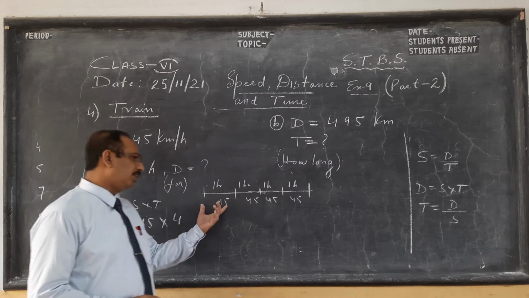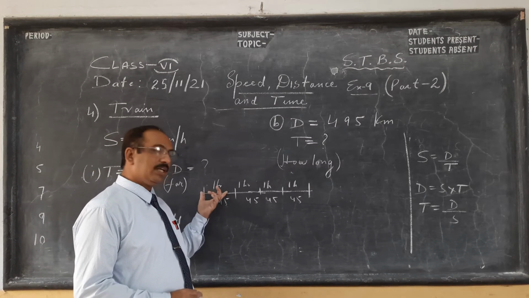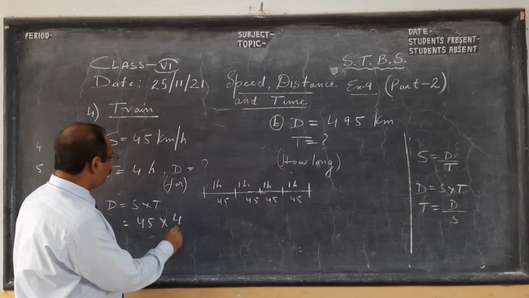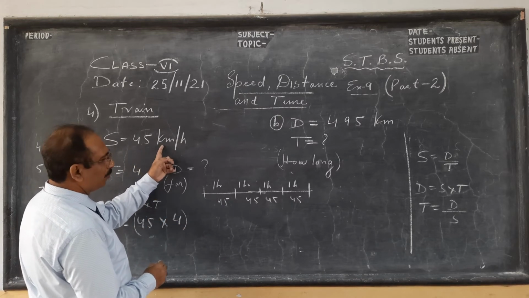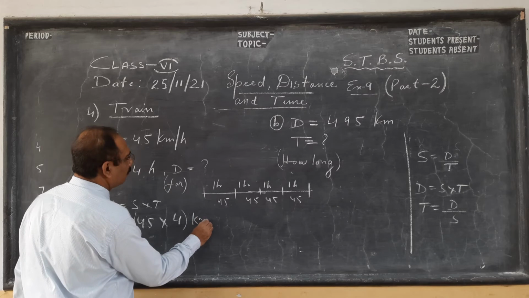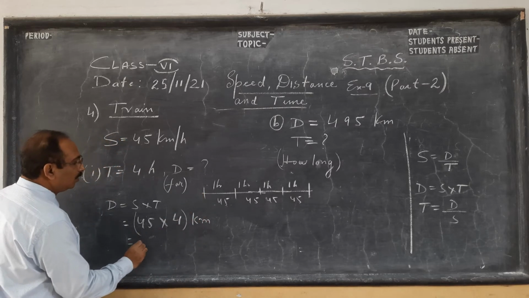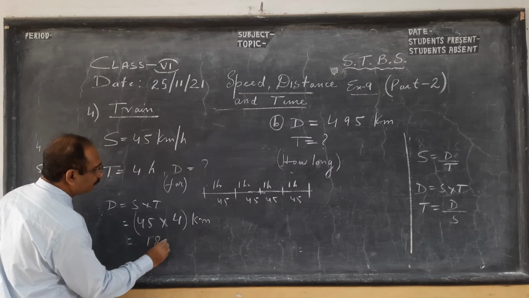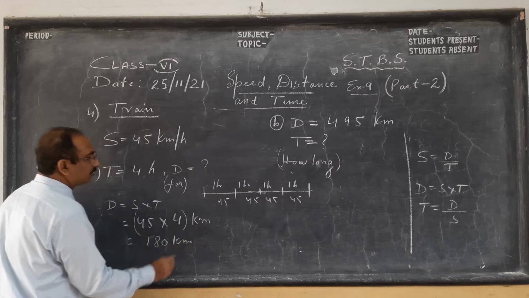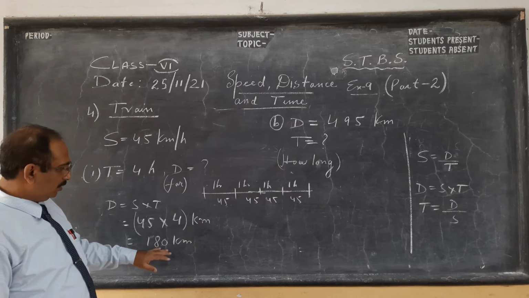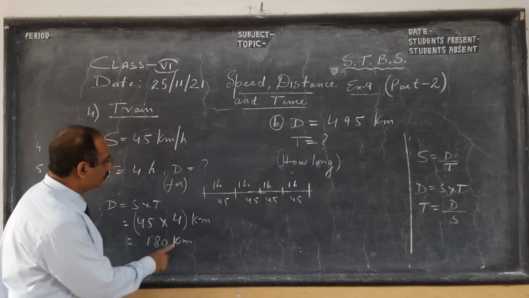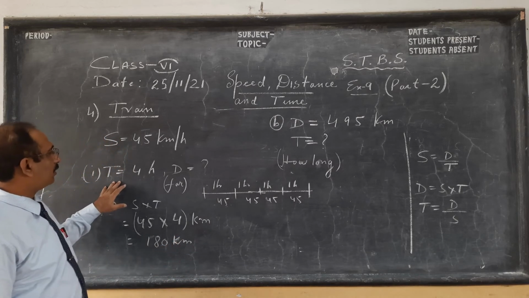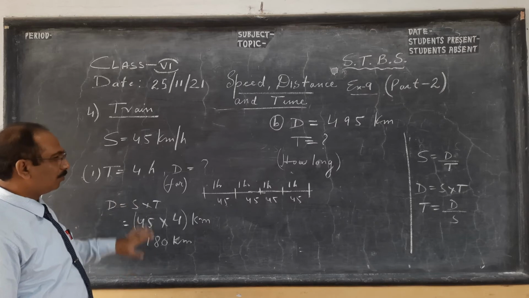With the speed of 45 kilometers, in 1 hour it goes. So for 4 hours, we multiply. And units, I told you, children, this is in hours, this is in kilometers per hour, so this will be in kilometers. See that table. So it travels 180 kilometers: 45 2s are 90, 3s are 135, 4s are 180 kilometers it will travel. Okay. So the distance traveled by the train is 180 kilometers in 4 hours.